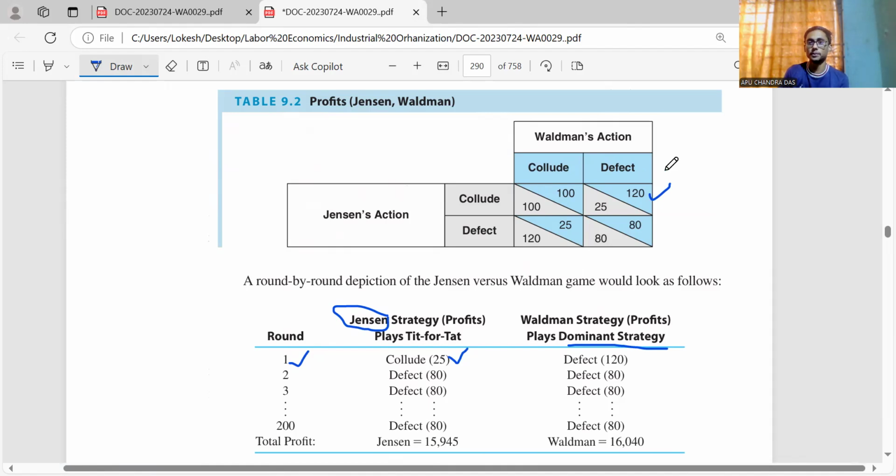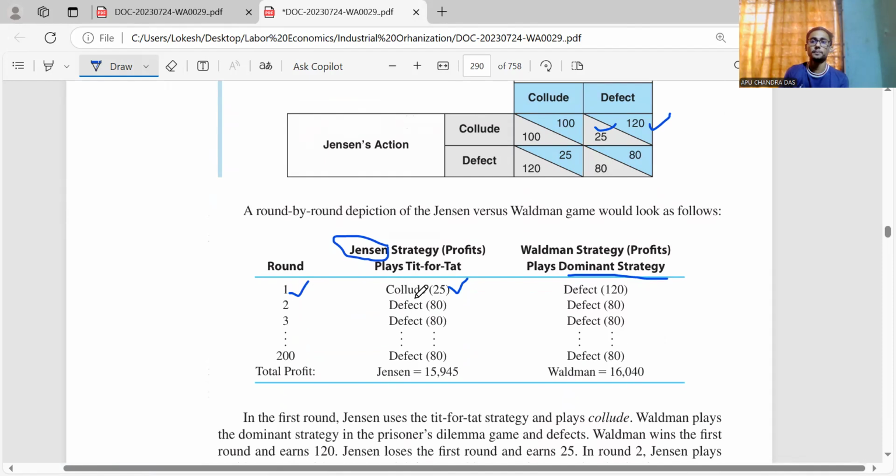So if Waldman plays the dominant strategy, then his payoff would be $120. At the same time, since Janson is a tit-for-tat player, his payoff would be 25. So in round 1, Janson's strategy would be tit-for-tat, and his profit would be $25, and Waldman plays the dominant strategy, so his profit would be 120.